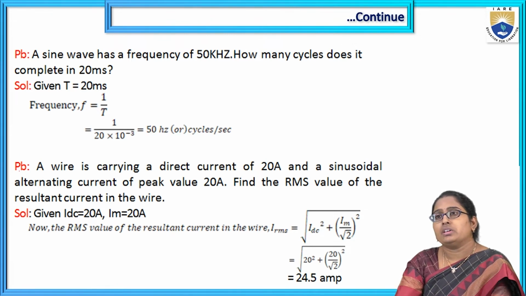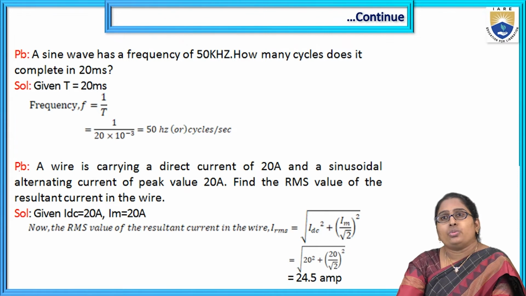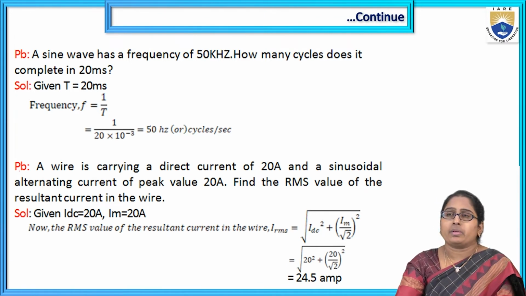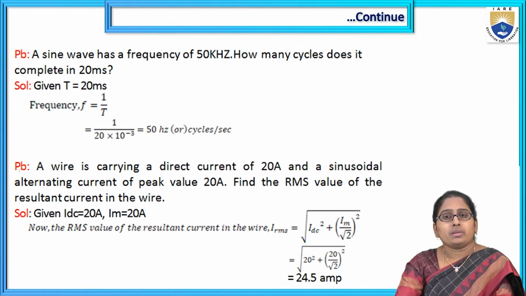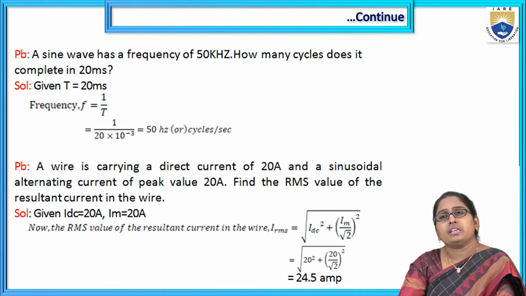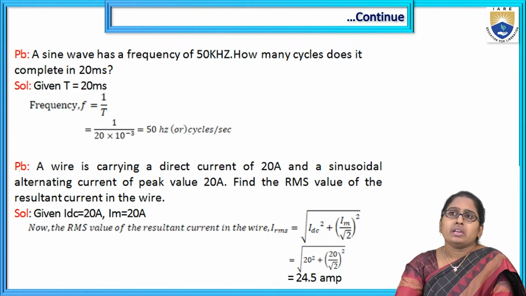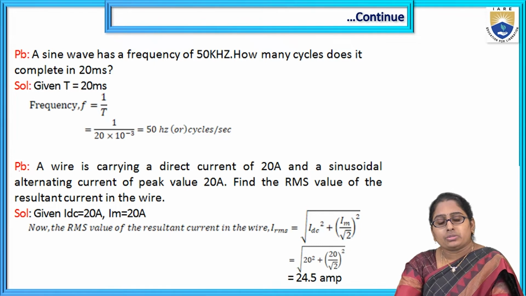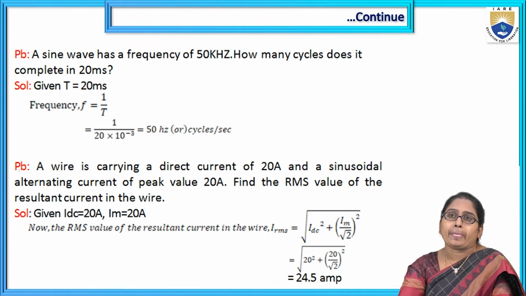Using the relation between frequency and time period, and from the definition of frequency, the number of cycles in 1 second, frequency equals 1 by T. For a 20 millisecond period, that is 1 by 20 into 10 power minus 3, which gives 50 cycles per second, or hertz simply.